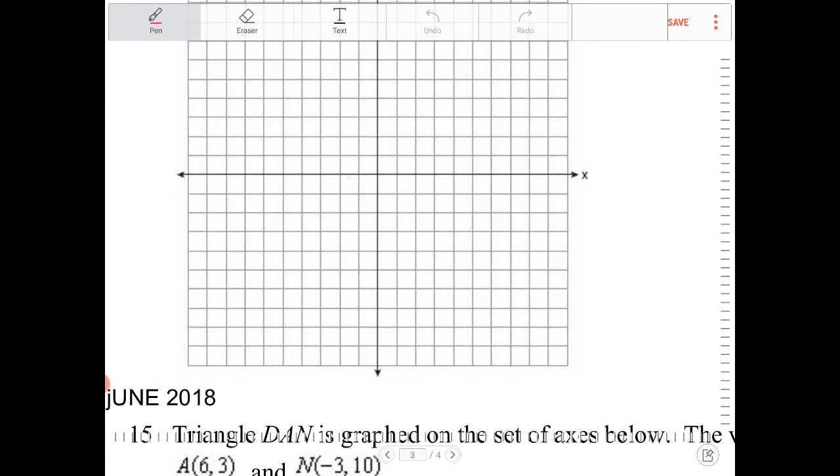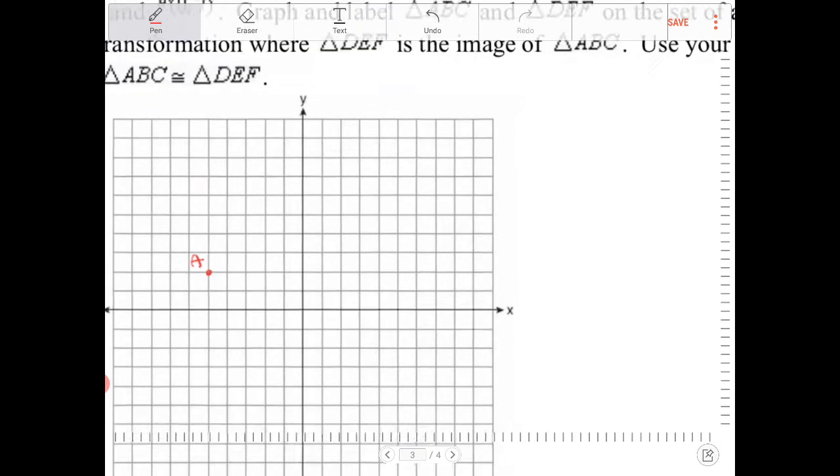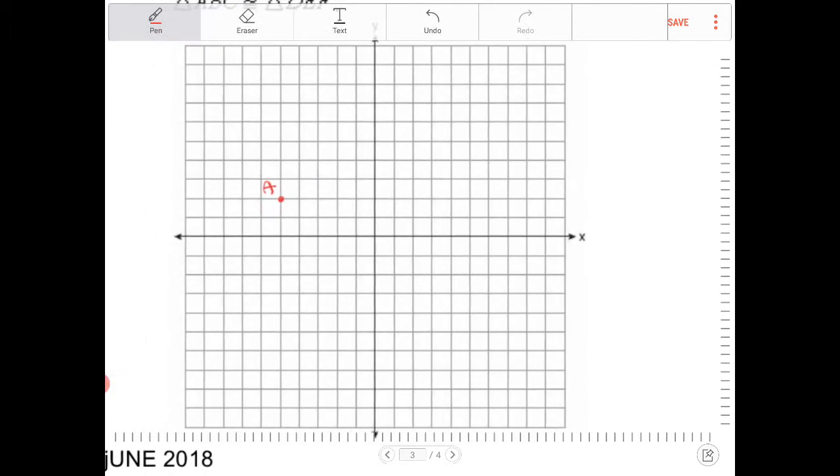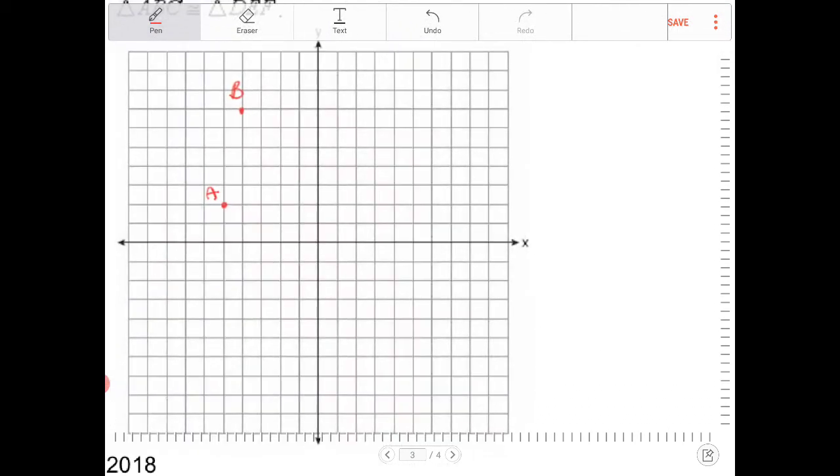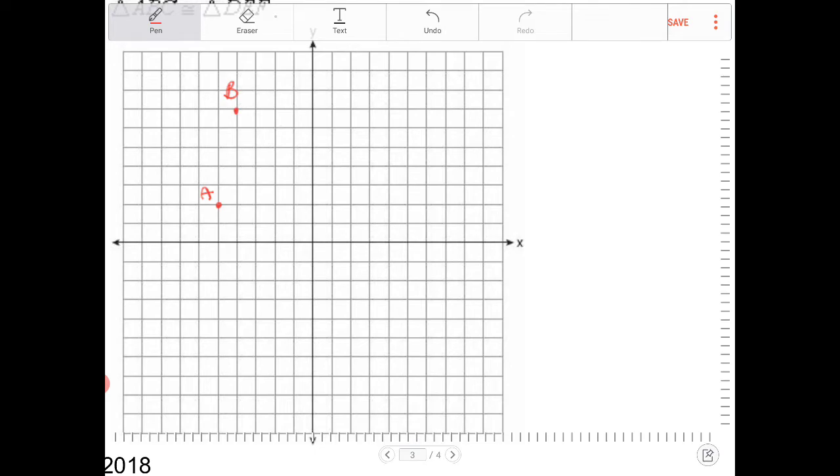Negative 5, so 2, 4, comma 2, so that's A. Negative 4, comma 7. So that's B. And C is negative 2, comma 7, which is over here. So that's ABC.